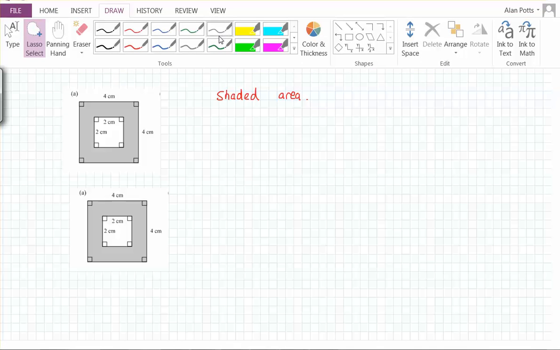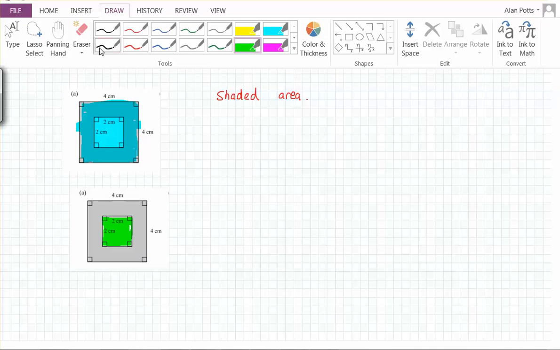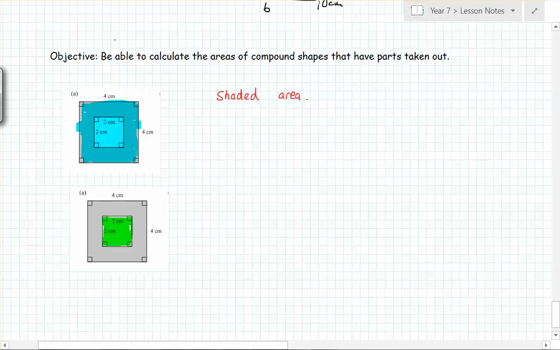The way we work that out is you work out the whole shape, that's 16. Then we work out the area of the bit we don't want, and then we subtract. So it's like having 2 questions in one.